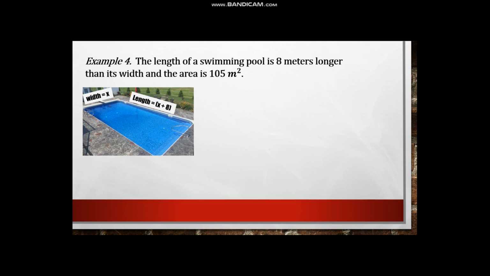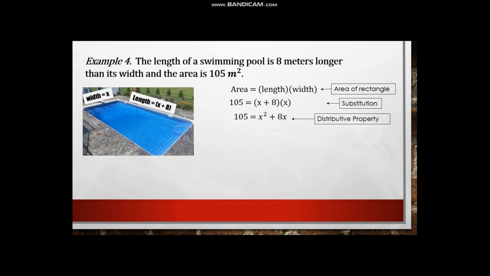Now let us have the area of the rectangle. We have area equals length times width. By substitution, you will get 105 equals x plus 8 times x. And by applying the distributive property, you will get 105 equals x squared plus 8x. How did we get x squared plus 8x?